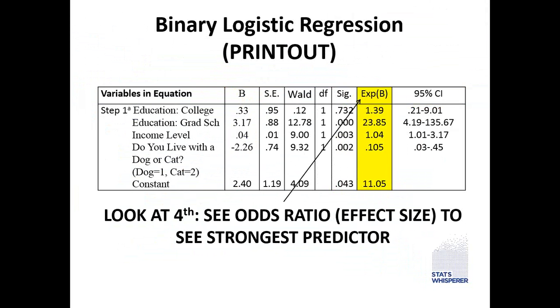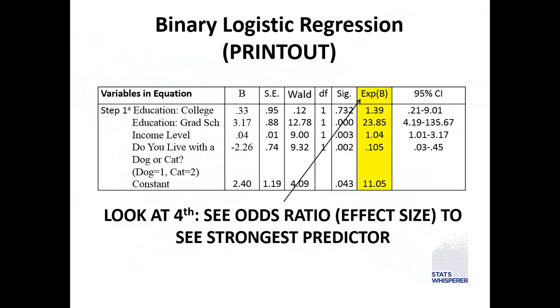You have to remember our sample had 100 people, and it was almost a third in each educational group. So the reference group is around 33, and the college and graduate school are each around 33. So it's basically 33 people compared to 33 people.